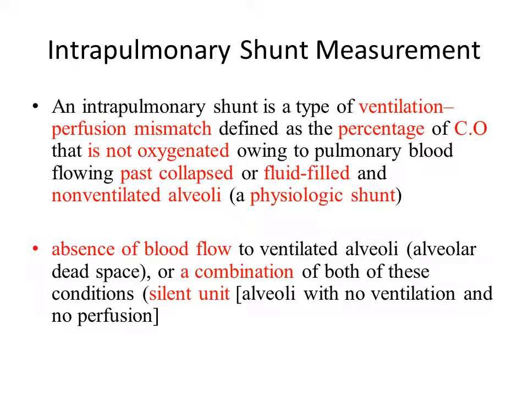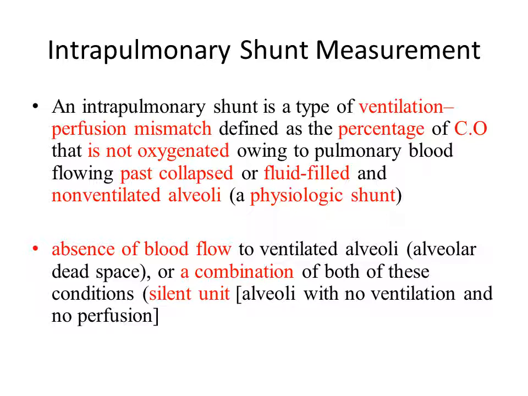Intrapulmonary shunt measurement. Intrapulmonary shunt is a type of ventilation perfusion mismatch. We explained previously in earlier lectures the shunt and dead space as causes of changes that lead to ventilation perfusion mismatch. It is the percentage of cardiac output that is not oxygenated owing to pulmonary blood flowing past collapsed or fluid-filled and non-ventilated alveoli, and we called this physiologic shunt.